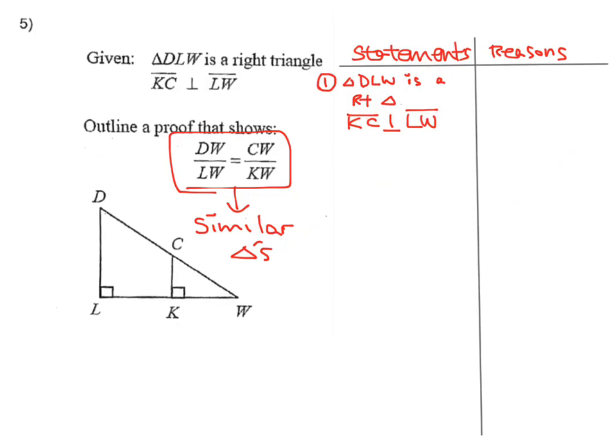Now, those are givens. Number two, technically, even though it's just simply a right triangle, we cannot assume which angle is the right angle. But in this case, we can visually see that angle L is a right angle.